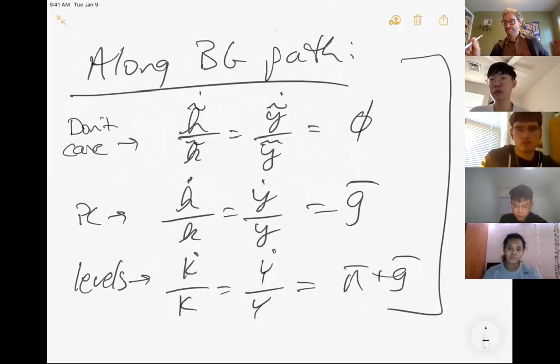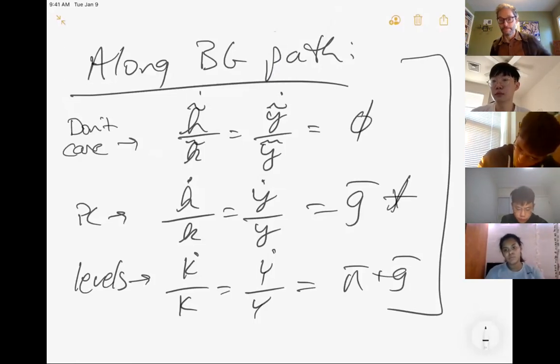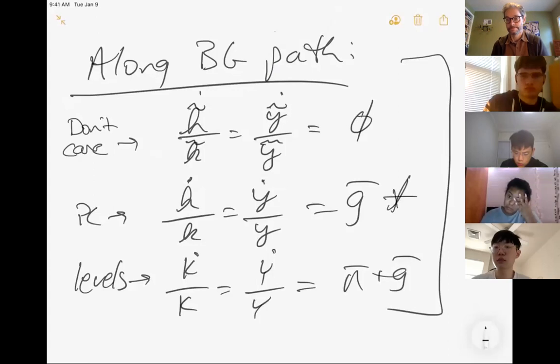Because this is really the key to understanding this model, that we have different variables and they're all growing at different rates. So we need to make sure that we understand what grows at what rate along the balanced growth path. Importantly though, because we're most concerned with per capita variables, from a policy or a welfare perspective, is what's happening to these. And in the long run, per capita output is going up by G along the balanced growth path.